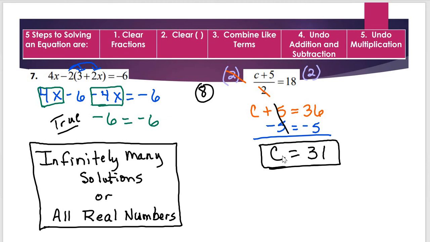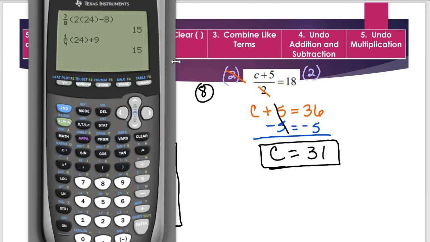So you're going to minus 5 from each side. And c will give you 31. And just like before, it does not take you but just a few seconds to put it back into your calculator. So you're going to put in 31 plus 5 over 2. And that should give you 18, and it does.